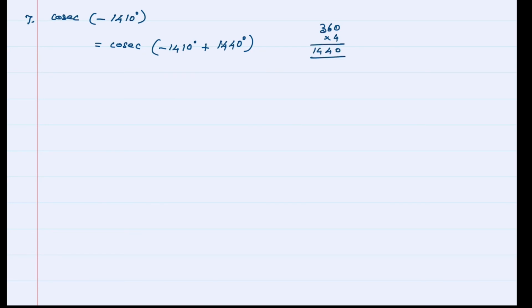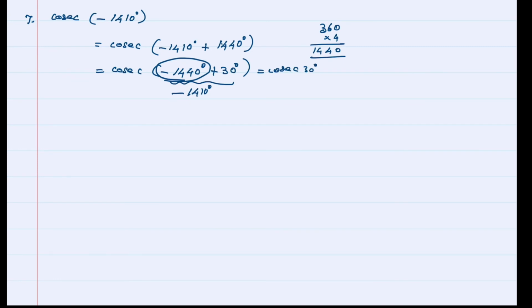If we add or subtract any number of complete revolutions, the trigonometric ratio does not change. Or this may be written as cosecant negative 1440 degrees plus 30 degrees, because this difference will be negative 1410 degrees, and this is 4 complete revolutions but in the negative direction. So, this will be equal to cosecant 30.